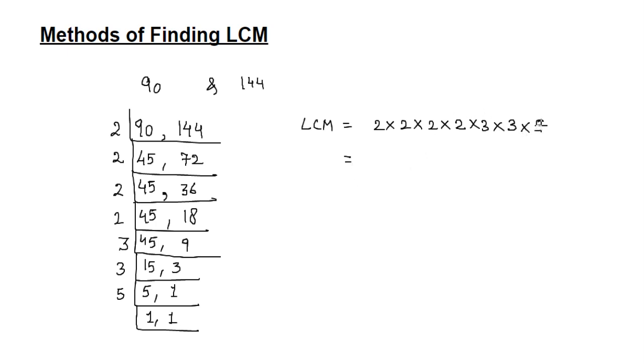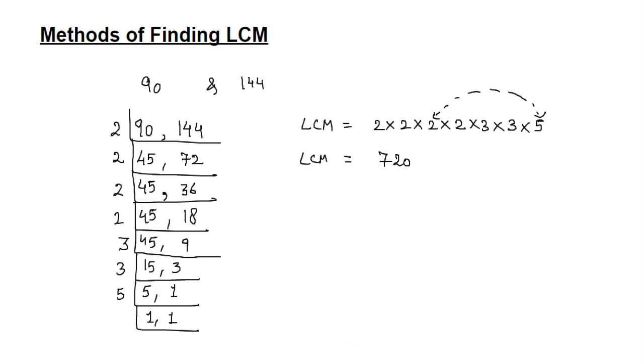I hope you remember I told you to always keep 5 and 2 together, so this becomes 10, and now multiply the rest of the numbers, so you get 24, 72, so it will be 720. So the LCM will be 720. I've just multiplied it and nothing else. This is how we can find the LCM without separate prime factorization, by taking both of them at the same time.